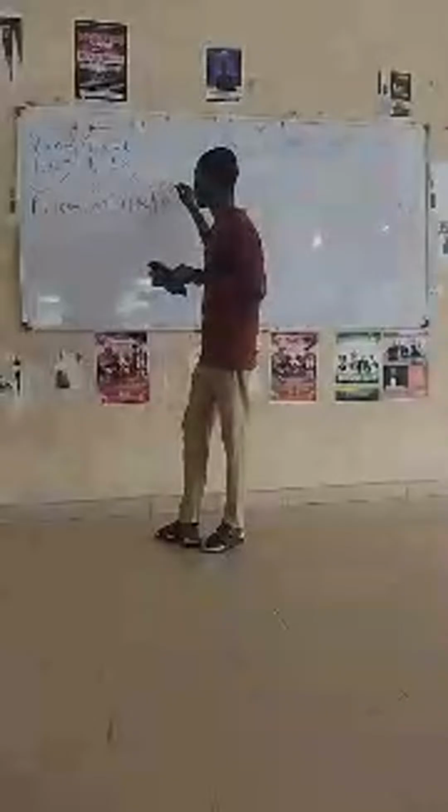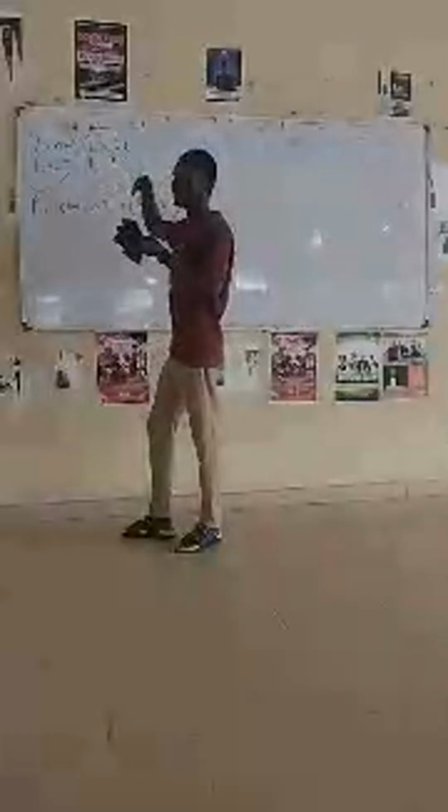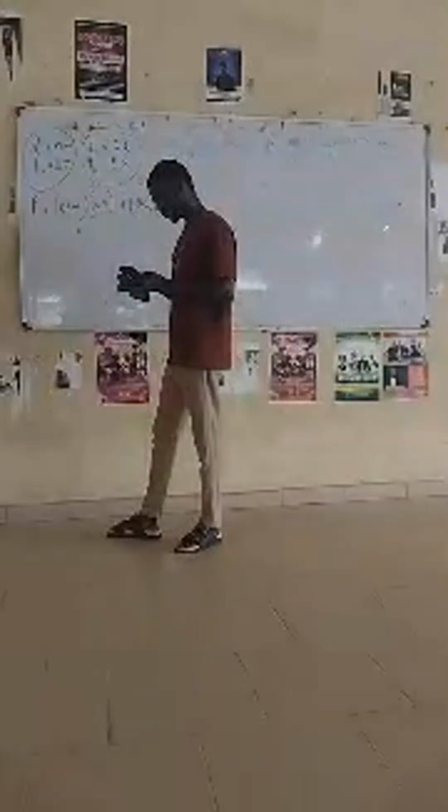Probability of it not raining is 0.6. Now the probability of a student being late on a particular day is the product of this and the product of this added together, and you get an answer. And if you do that, what do you have? 0 point what?